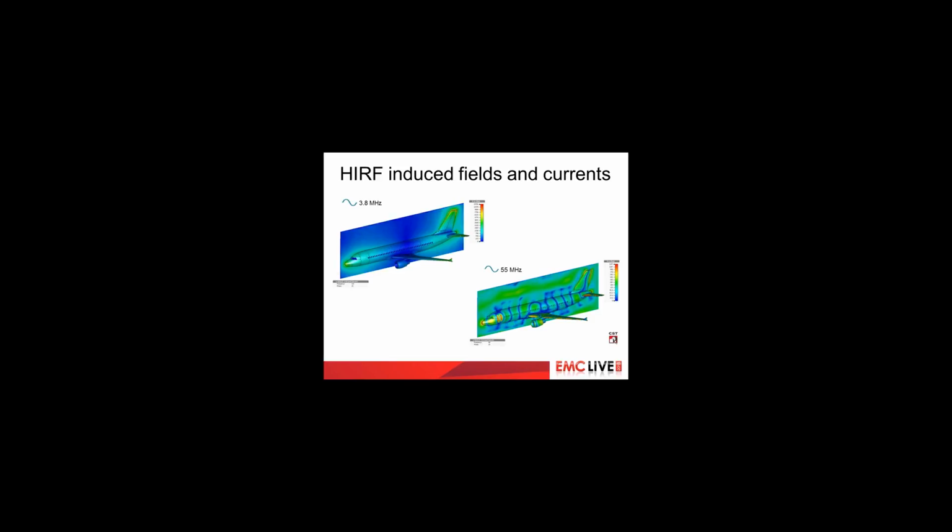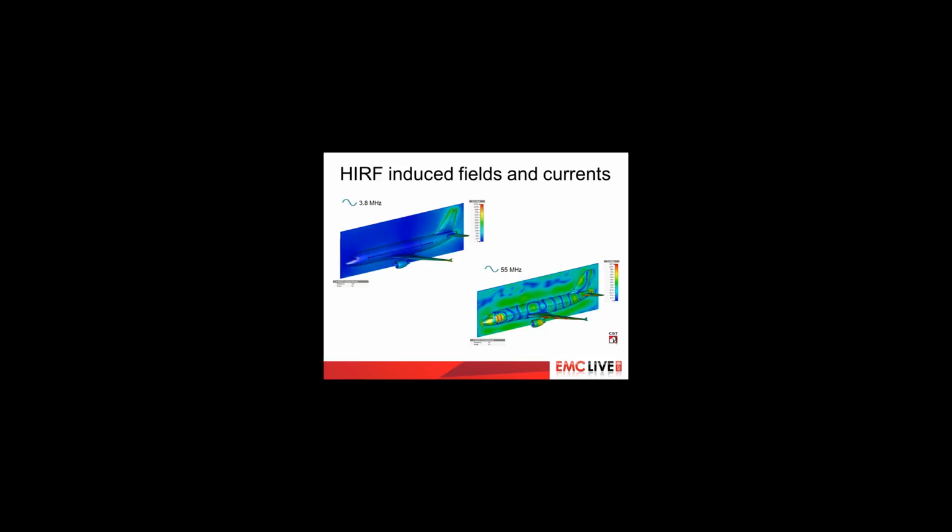The bottom right-hand animation shows the field at 55 megahertz. What's really interesting here is that the seam around the door perimeter is actually resonating at this frequency, and this is increasing the coupling to the inside of the aircraft. So the perimeter around the door is equivalent to a half wavelength at this frequency.